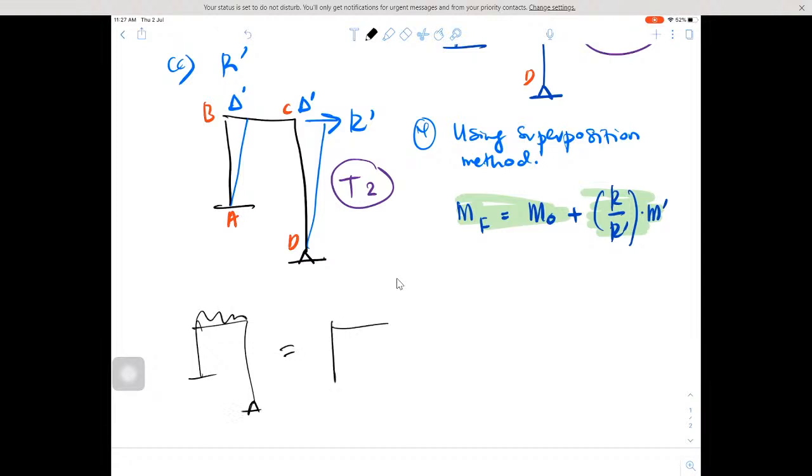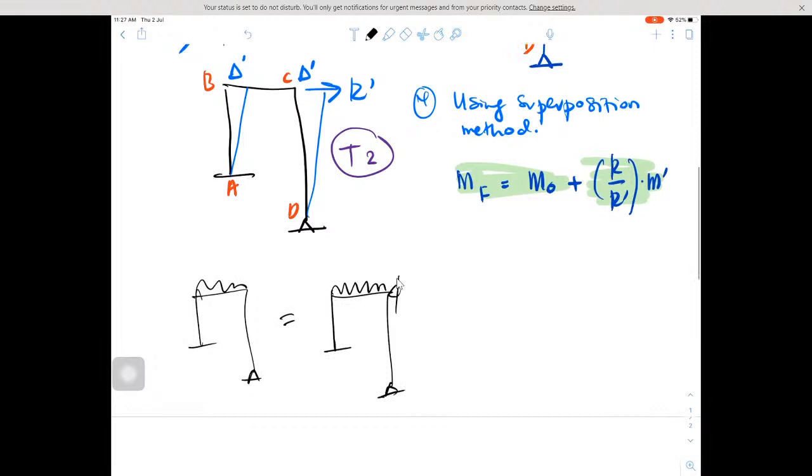This is equal to, we put a support here so that it cannot move, so it becomes a non-sway frame, plus this is R. To neutralize it back, we put R in this direction, so negative R plus R equals 0. So this is the loading plus 0 here, equal to this one.